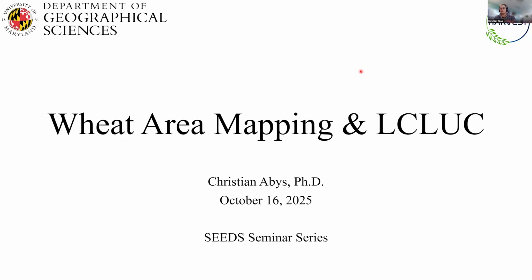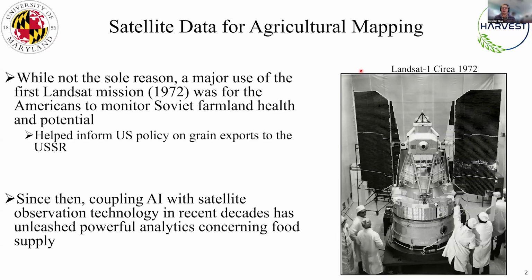All right, so very interesting. I kind of wanted to start this off. I found this out a year ago and thought it was interesting. One of the first use cases for agricultural mapping, making this go full circle with what I do, was the Landsat 1 mission, which launched in 1972.